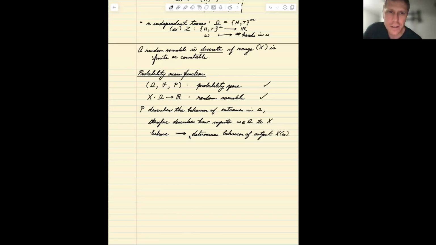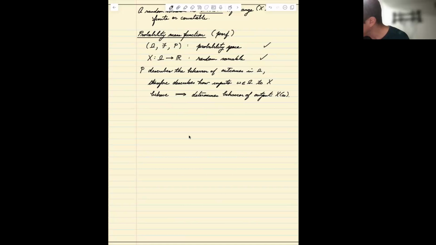And how this all comes to fruition is through what's called the probability mass function, sometimes abbreviated as PMF. Given the above ingredients, we're going to define a function on the range of X to [0, 1].